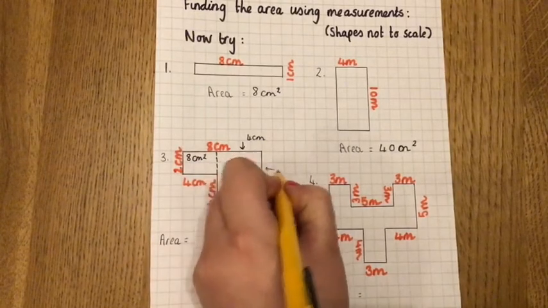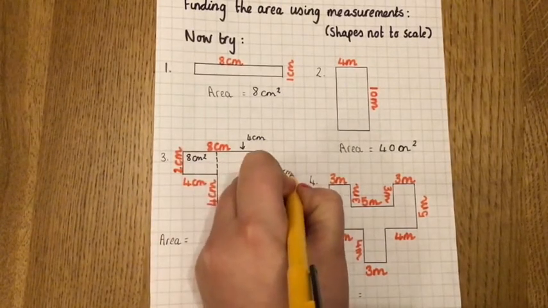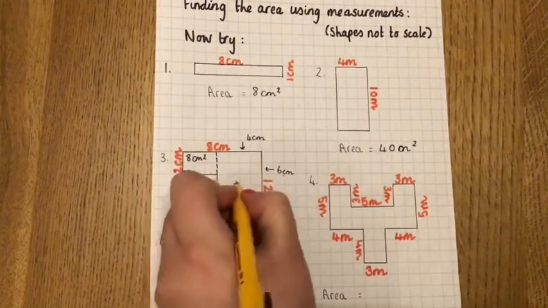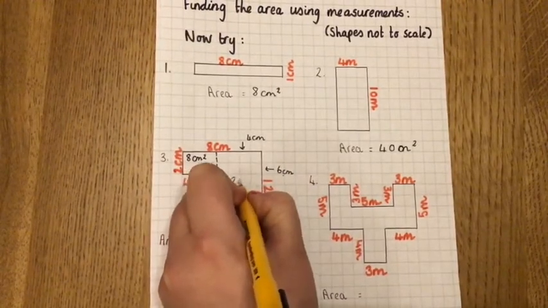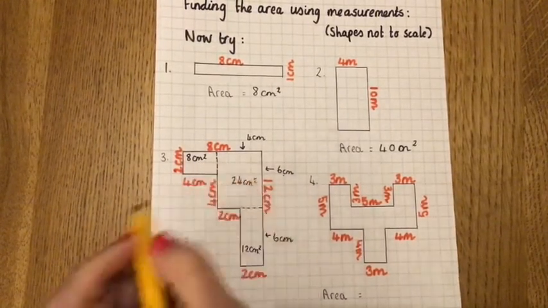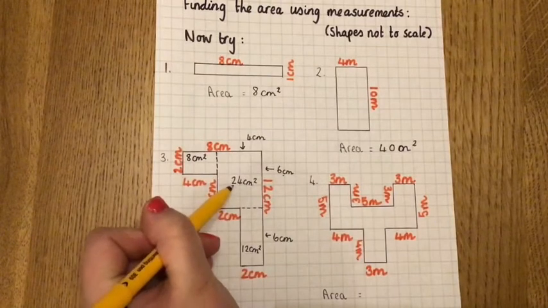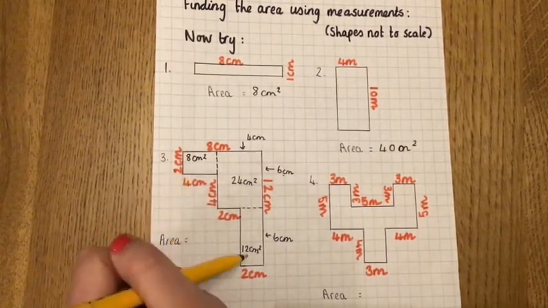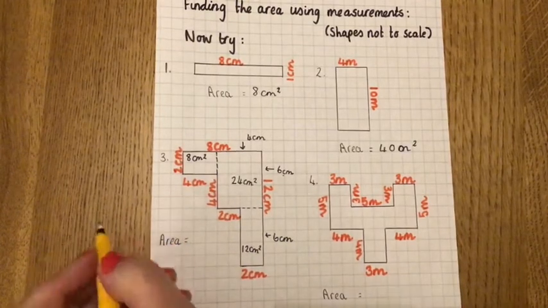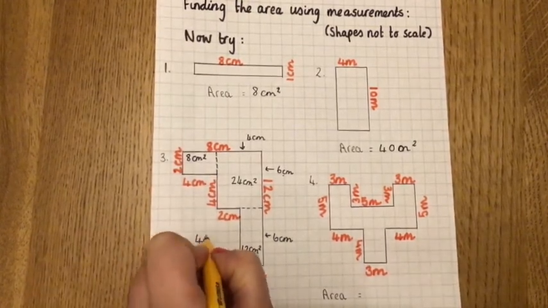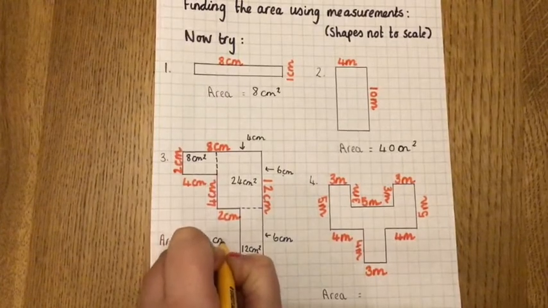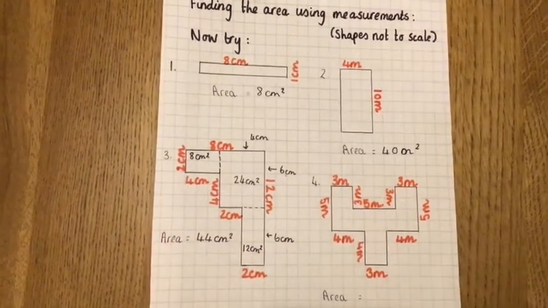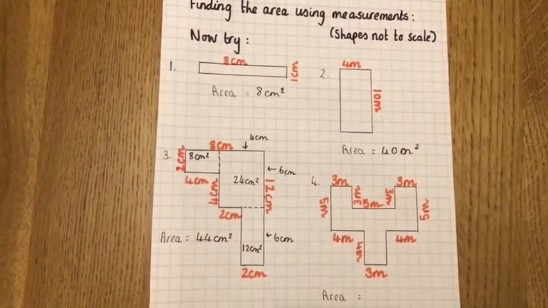So this length here is going to be 6. So 6 times 4 is 24. Okay, so 24 plus 8 is 32, plus 12 is 44. So the area to this shape is 44 centimetres squared.